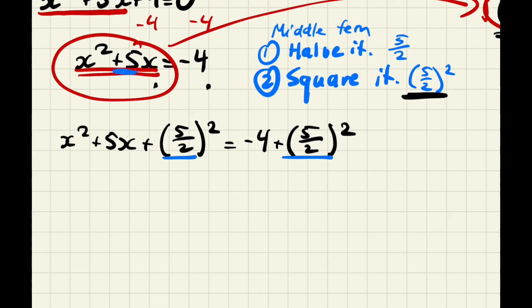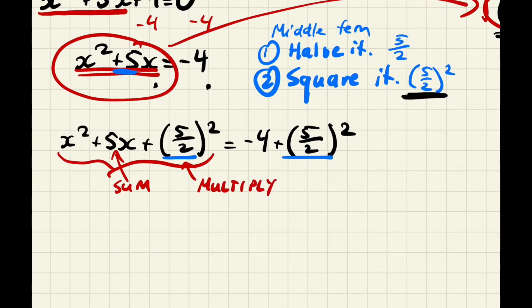Now from here, what we can do is have a look at our left-hand side of the equation and actually factorize this as we would with a normal quadratic. And remember, to factorize it, we look at the 5, and we think what two numbers add to give 5 and what two numbers multiply to give 5 on 2 squared.